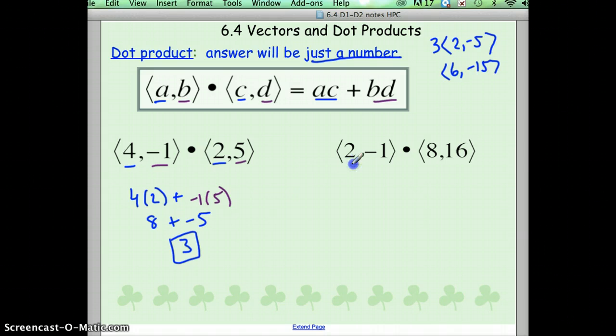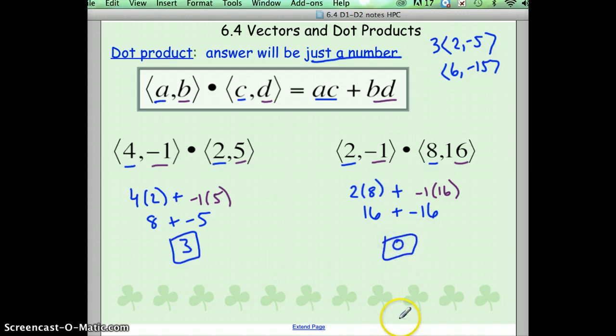Over here, take the first two parts and multiply them, take the second two parts and multiply them, and add them up. So I will have a 16 plus a -16, and that's equal to 0. So my dot product is 0. That will have a meaning in a few slides from now. So that's just the dot product.